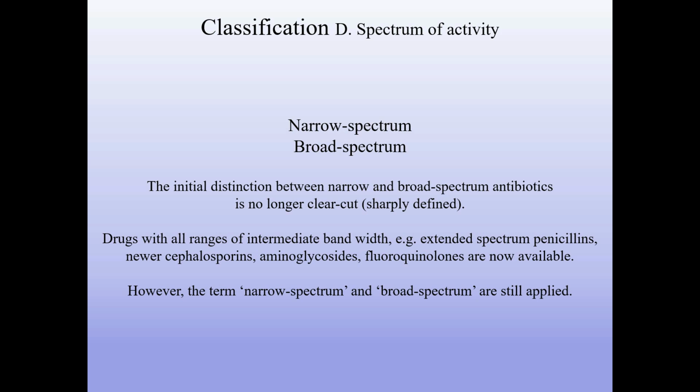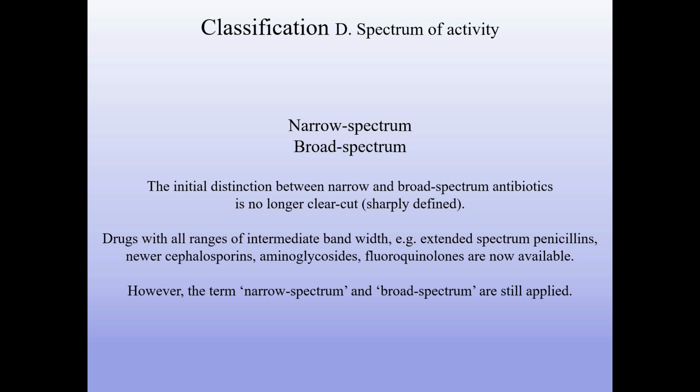Fourth classification, spectrum of activity. Narrow spectrum and broad spectrum. The initial distinction between narrow and broad spectrum antibiotics is no longer clear-cut, sharply defined. Drugs with all ranges of intermediate bandwidth, for example extended spectrum penicillins, newer cephalosporins, aminoglycosides, fluoroquinolones are now available.